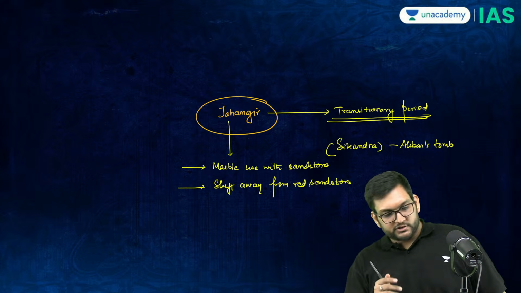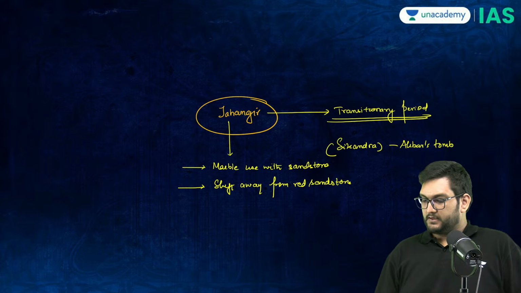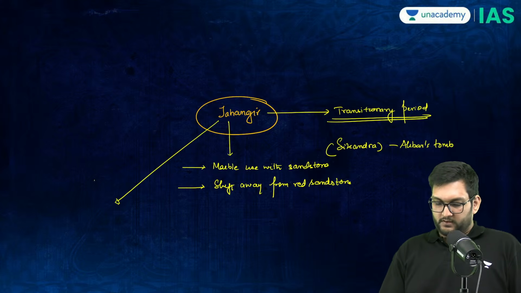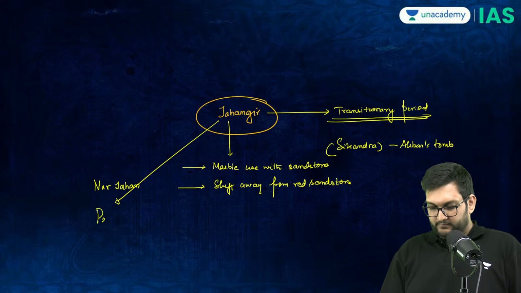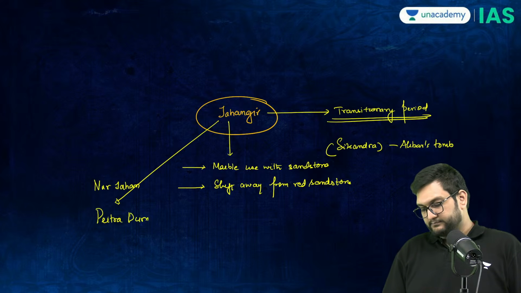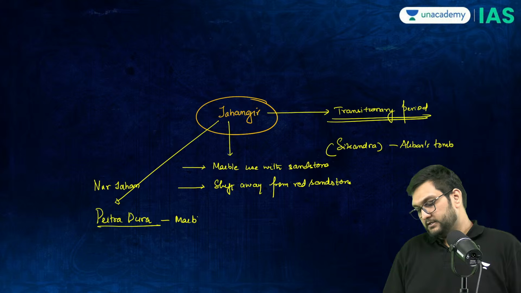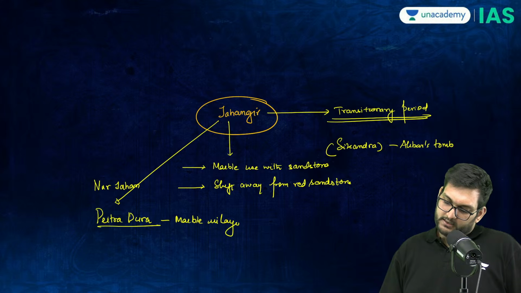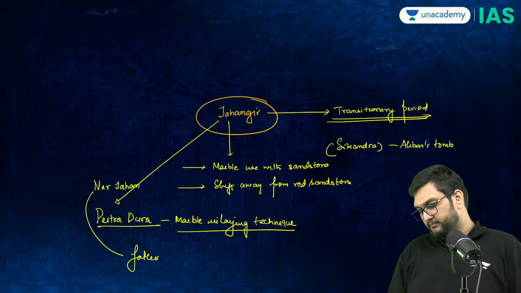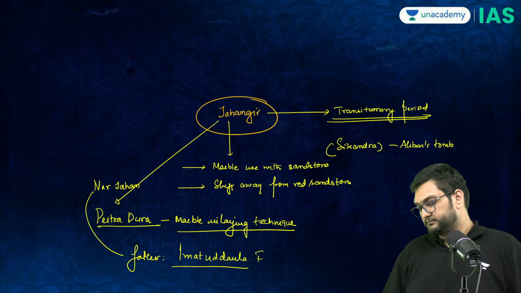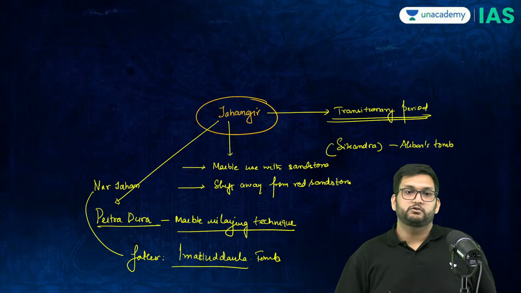But the most important feature which Jahangir introduced was via Noor Jahan, which is called Pietra Dura, the marble inlaying technique, which we see in Noor Jahan's father's tomb, the Itmad-ud-Daulah tomb.